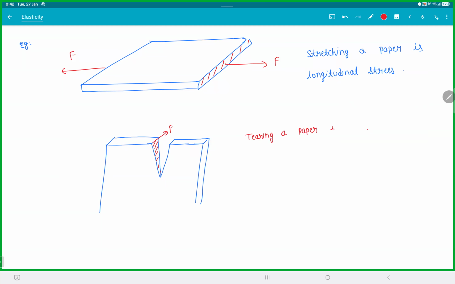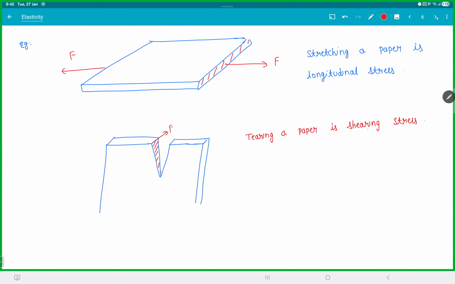So to tear a paper, you need to apply shearing stress. So when you are pinching your friend, you're actually applying shearing stress. When you twist the skin, you're applying shearing stress there. It's not longitudinal. When you catch your friend's hand and you pull it, that's your longitudinal stress. But when you catch your friend's hand and twist it, it is a shearing stress. So there are two kinds of stresses.